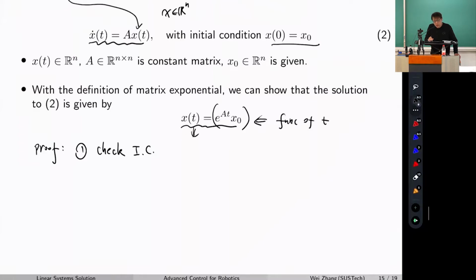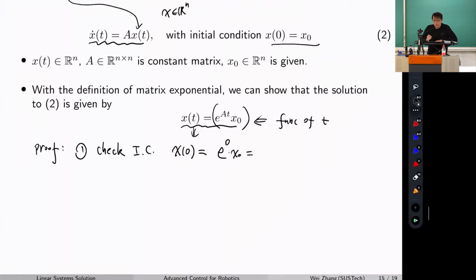And this function of t satisfies the differential equation if, first of all, it satisfies the initial condition, right? So you need to plug in t equal to 0. Then you get e to the 0 times x0.